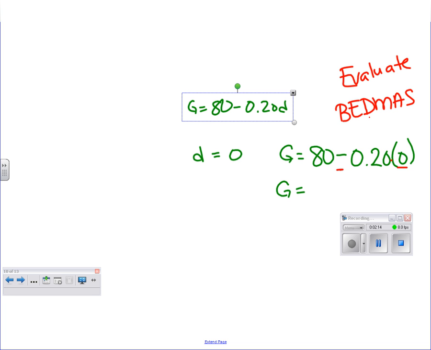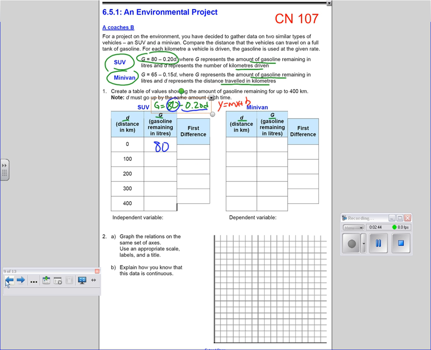There's no exponents, there's no division, but I do have multiplication. So I will multiply 0.20 by 0. 80 hasn't changed. I'm going to write subtract underneath, and 0 times 0.20 just gives me 0. Now I can subtract 0 from 80, so it turns out that the amount of gas remaining after 0 kilometers is 80.